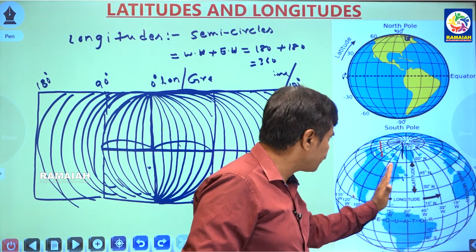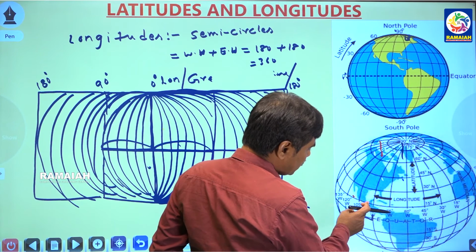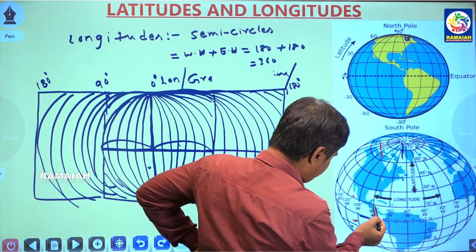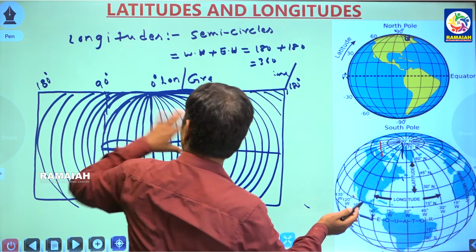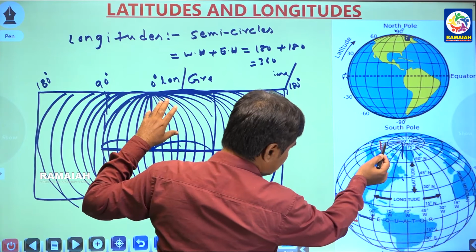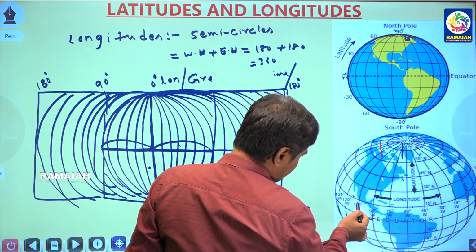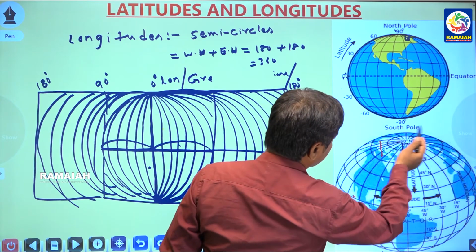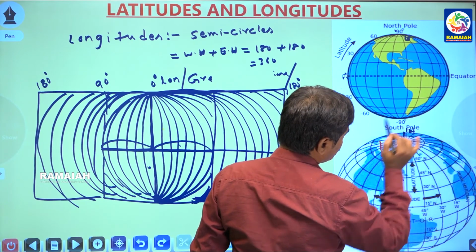The western hemisphere is divided into 180, from here 90 and the back side also, like this. The back side portion is shown here, 180, 105, 120, 135 like this. Totally this is 180 longitudes.